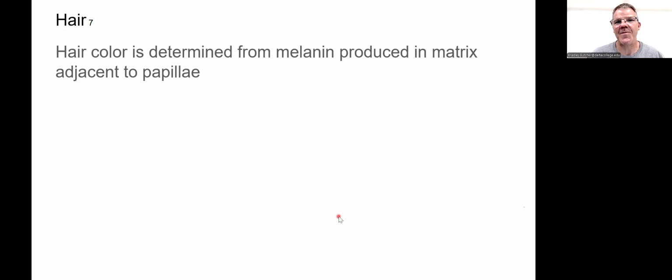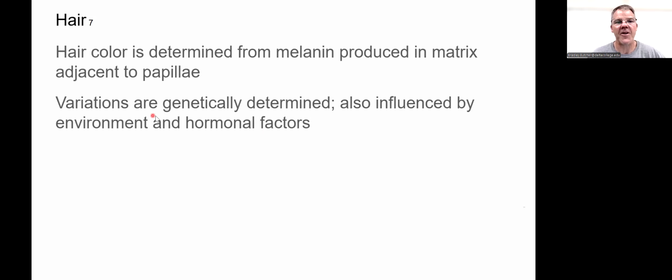Hair color is determined by melanin, right? We've seen melanin for skin color as well. Again, melanin is a protein. It's a pigment. Pigments are substances that absorb light and reflect other types of light. It's produced in the matrix adjacent to the papillae. Some variations in hair color are genetically determined.